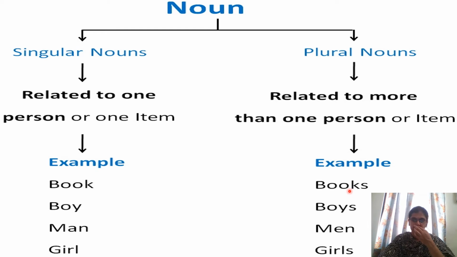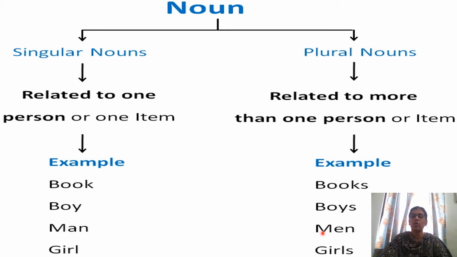So here, if you see, a few examples are given: book, boy, man, girl. These are nouns which are talking about one item, that is one boy, one book, one man. So they are singular nouns. But here, if you see books, boys, men, girls, it refers to more than one.